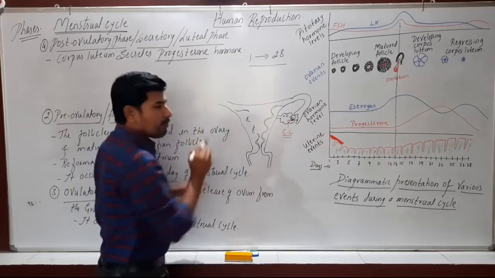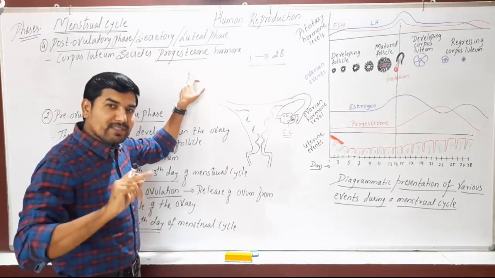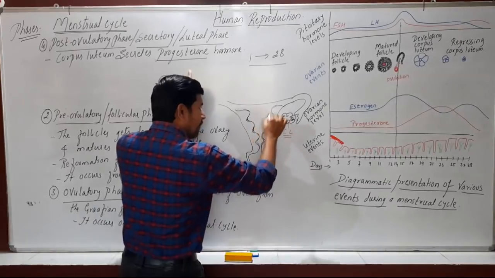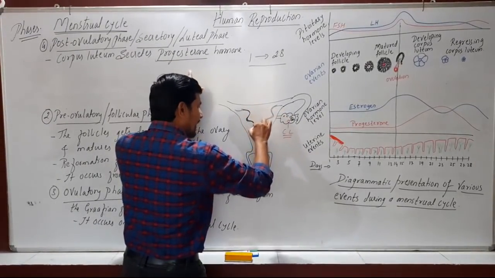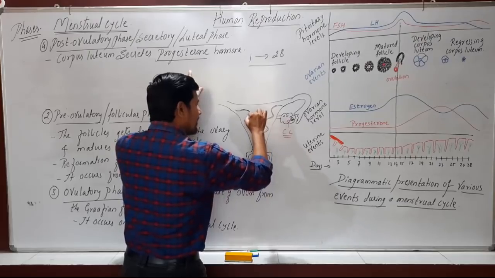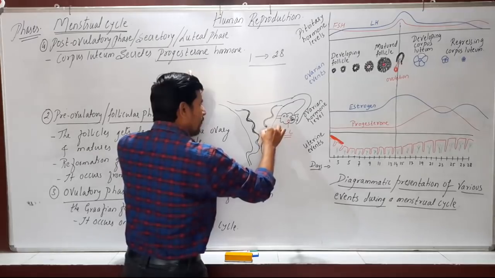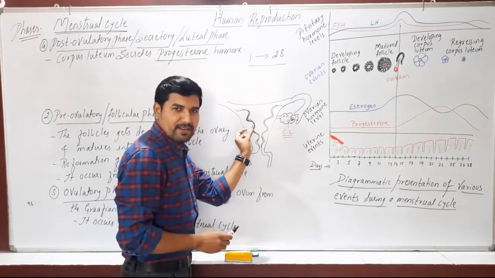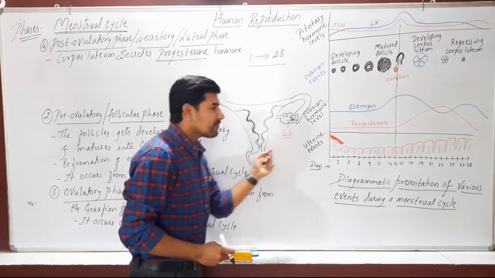This progesterone hormone is called the pregnancy maintaining hormone because it is responsible for the thickening of the endometrium. Look at this part. When this hormone starts to secrete, the endometrial wall in the uterus becomes very thick because this is the bed for implantation. It becomes thicker during this phase due to the activity of the corpus luteum.